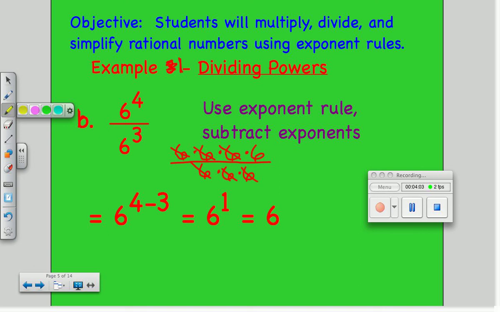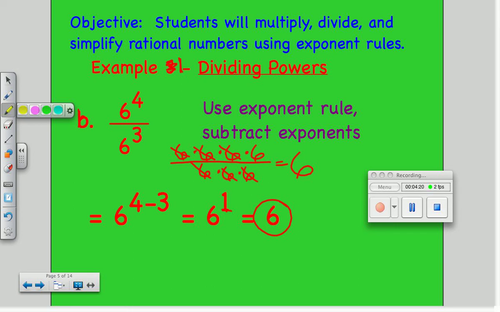Now I don't have any more I can cancel out, right? So I just have 1 6. Then my answer is 6. And we don't have to say 6 to the power of 1. We don't have to put the 1.